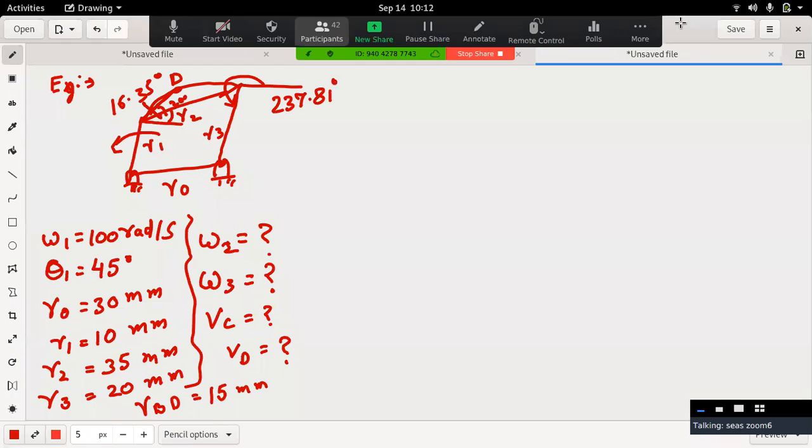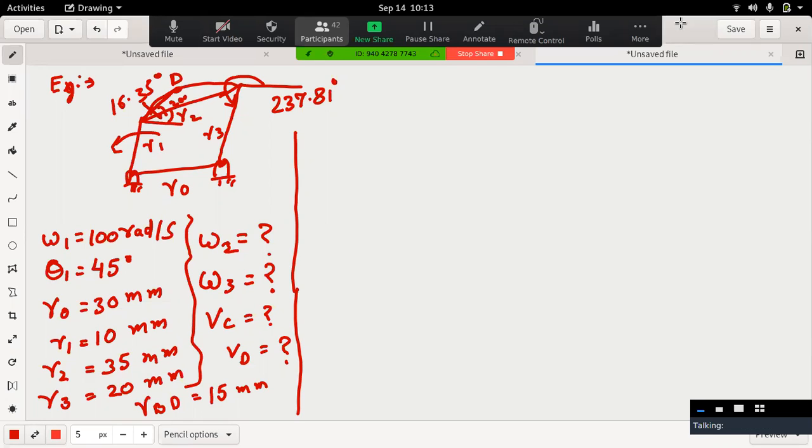These we solved during the previous position analysis. By knowing this, we can determine the various components like R1x, R1y, R2x, R3y, because all these are required in order to determine omega 2 and omega 3.